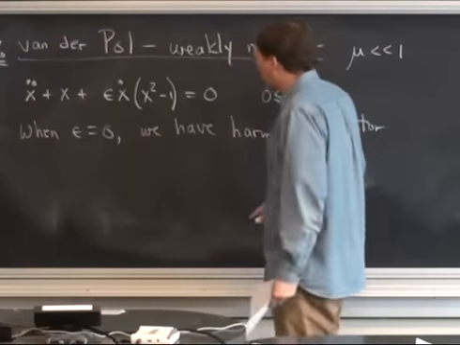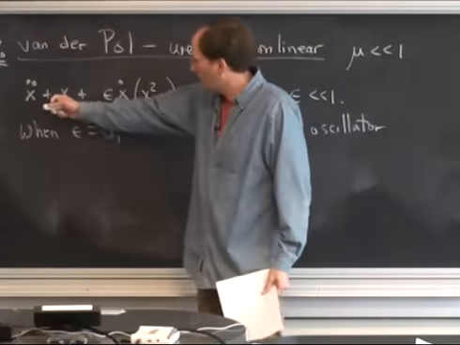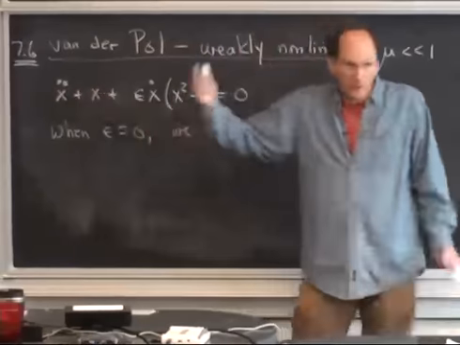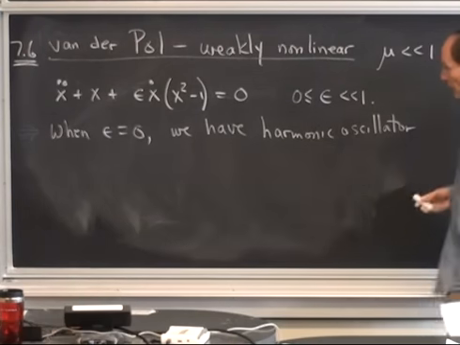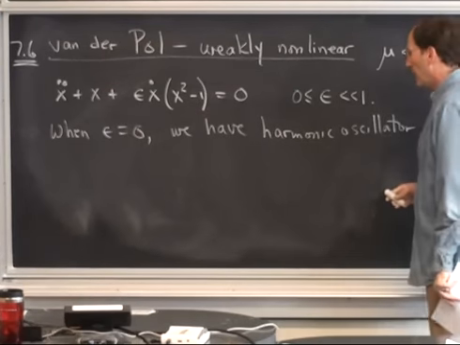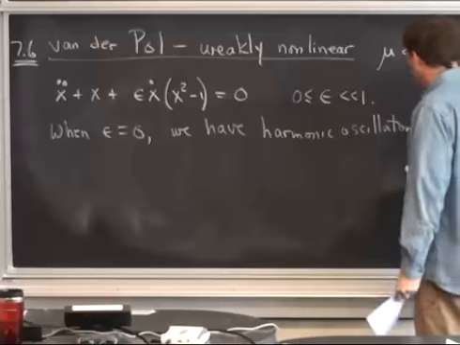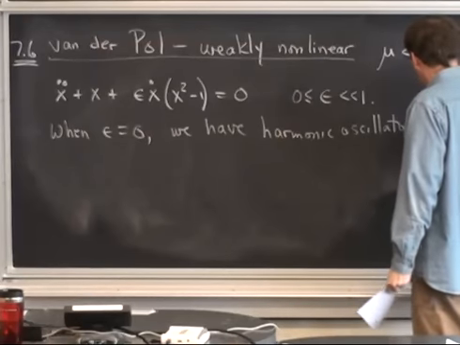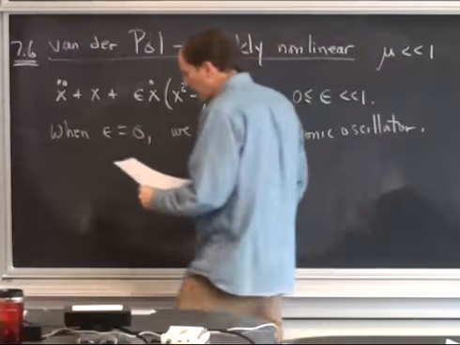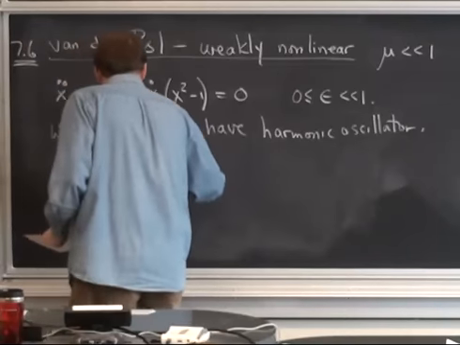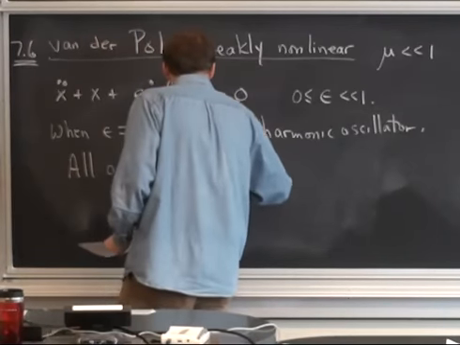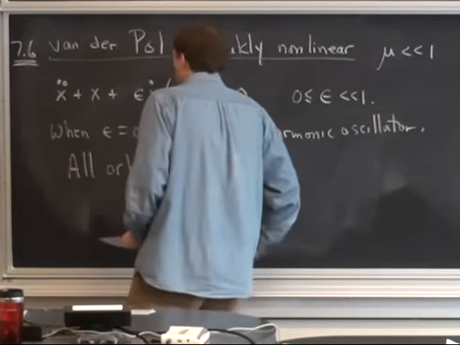I didn't say anything, by the way, about why we've got no frequency term in front of the x, and it's because we've chosen units of time so that the natural frequency is 1. We could always do that without loss of generality. Anyway, so we have this harmonic oscillator with frequency 1, and we know that in that case all the orbits are circular because of the way things have been scaled here.